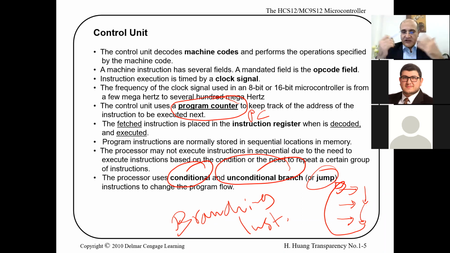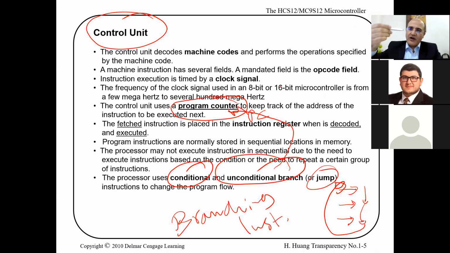The result of the conditional or unconditional branching instruction controls the value in the program counter. So in all cases, what the control unit fetches from the program memory is the instruction in the location where the program counter is pointing.